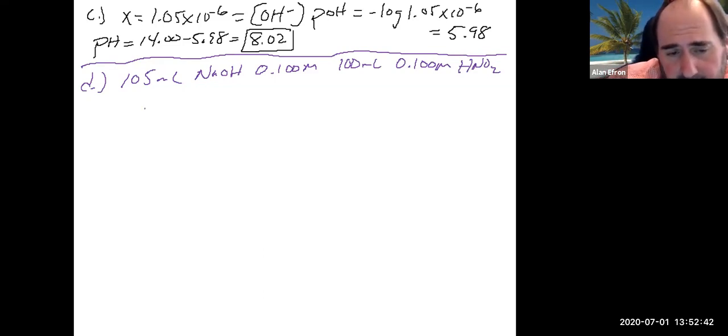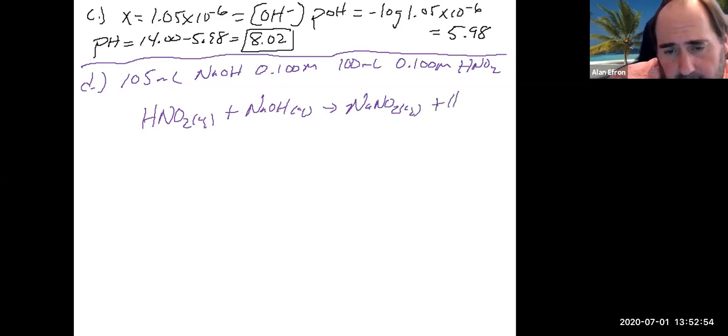We're going to take our HNO2, our sodium hydroxide, a little sodium nitrite, and our water. And like normal and how we started all the other two at least, we're going to convert everybody into moles.